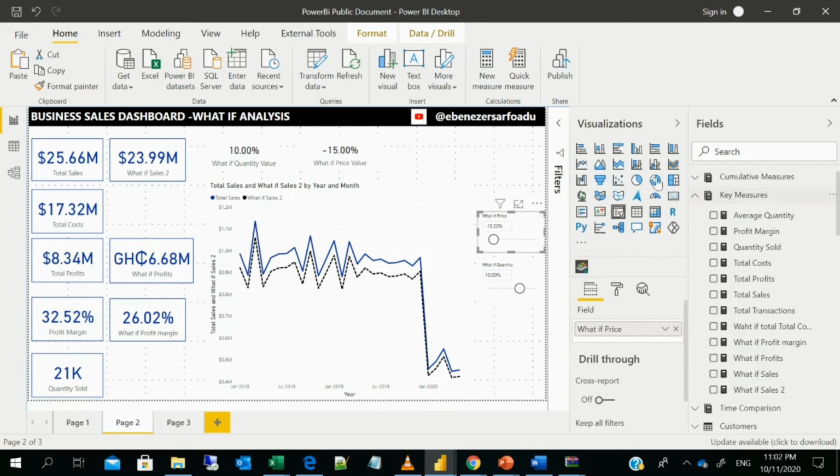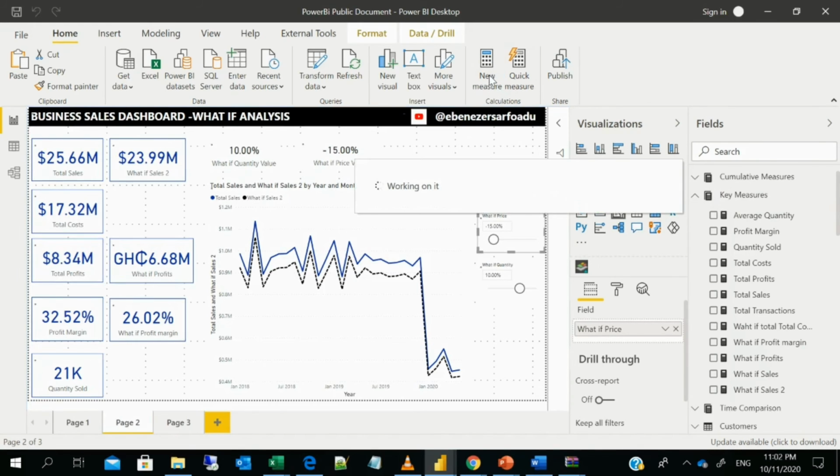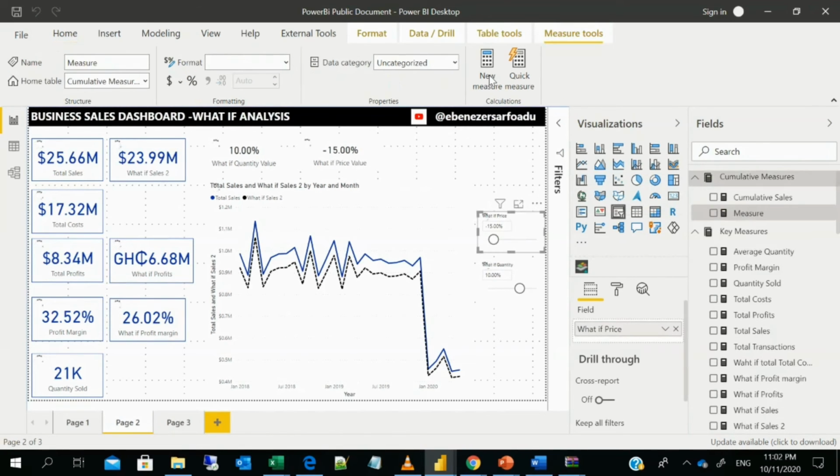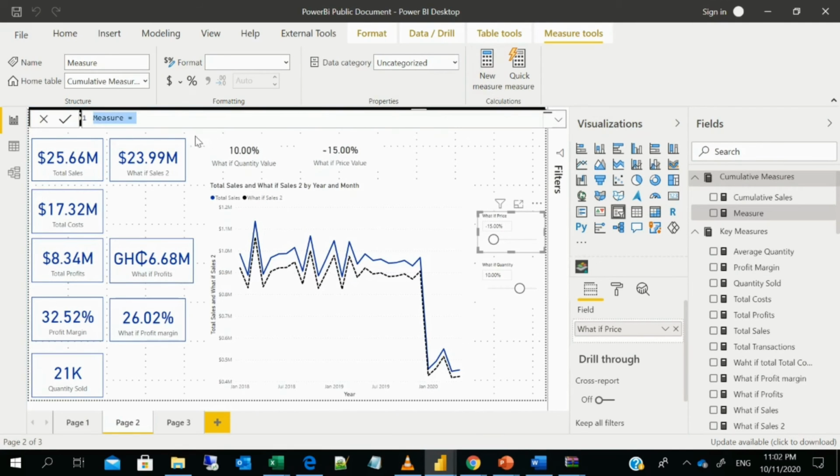Maybe let me write another measure on the what if quantity. Okay. So as we were able to see, what would be its effect on the quantity. So that is what if quantity.